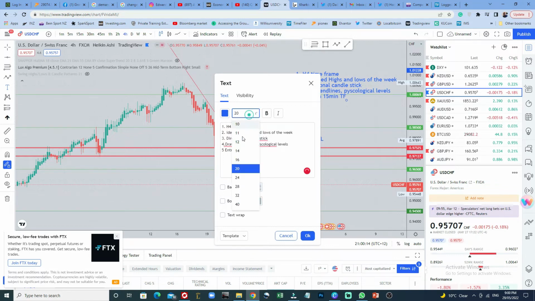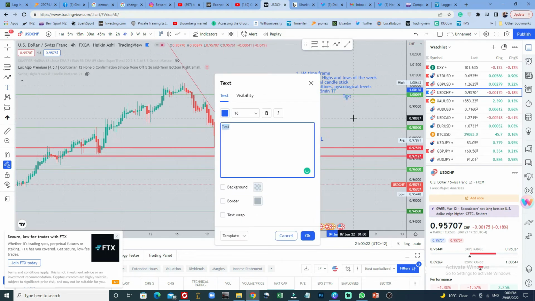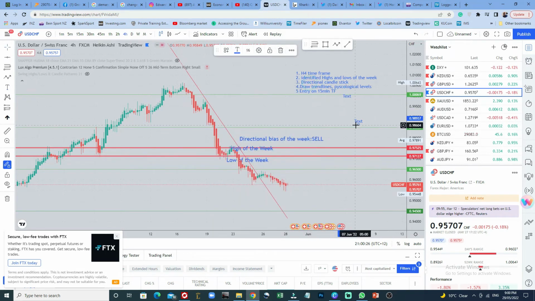Yes, I'll reduce it a little bit. Now this is what we want to do. I'm going to be tracking GBP USD, or any of the pairs, most likely GBP USD.